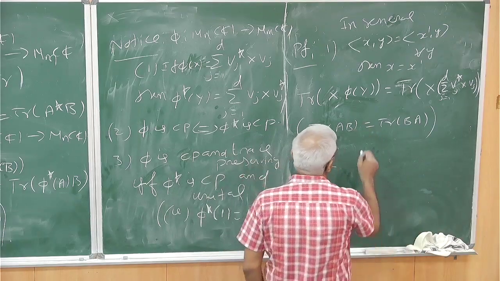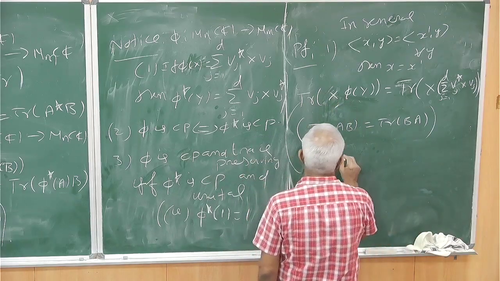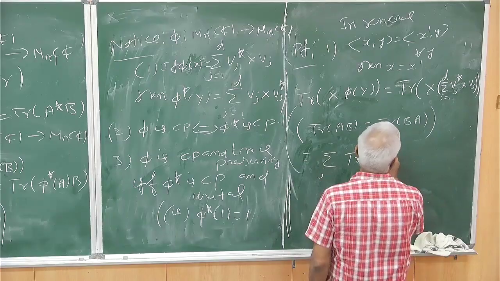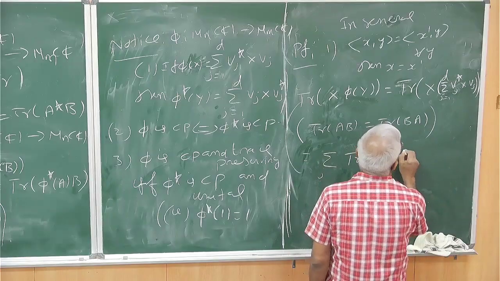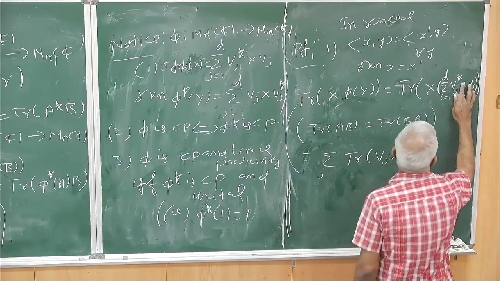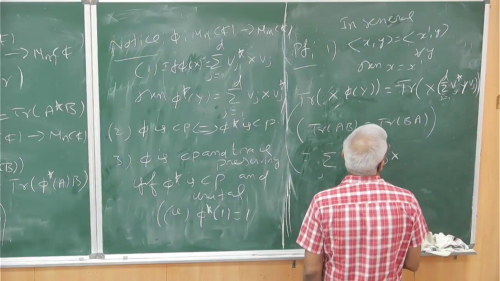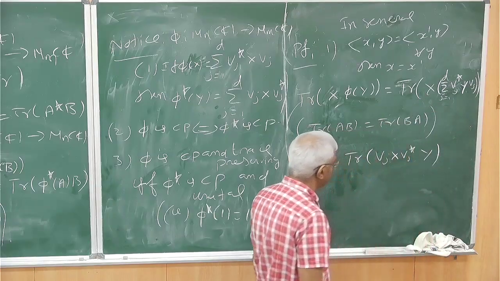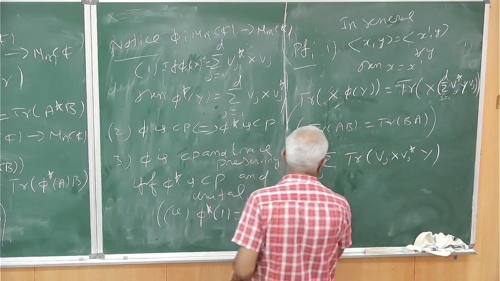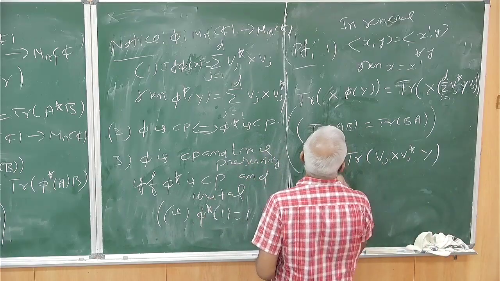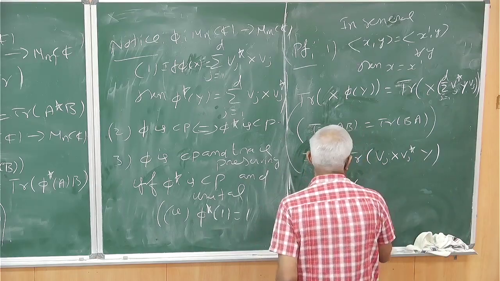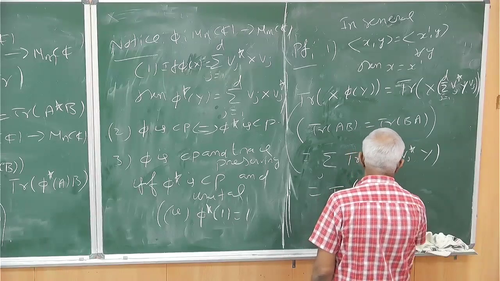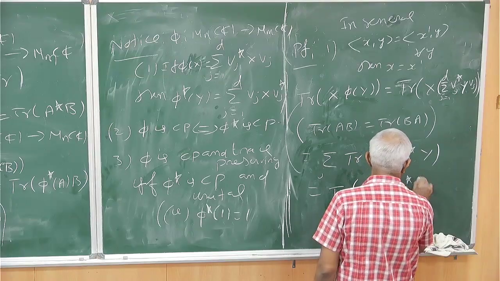Because of that, this is the same as trace of x vj, I can bring vj here: vj x vj star y. Now you take the summation inside, and this is the same as trace of summation j equal to 1 to d of vj x vj star, the whole thing times y.